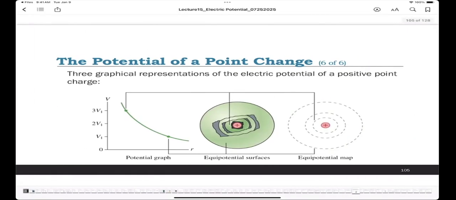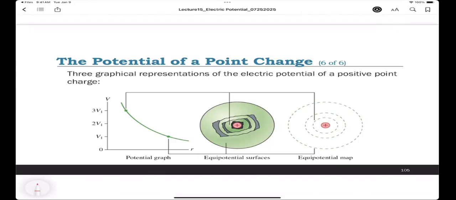Okay. Let's talk about this one. Three graphical representations of the electrical potential of a positive point charge. You can see the equipotential surfaces, this map, and this potential map. As the distance increases, the electrical potential also decreases. Does that make sense to you?